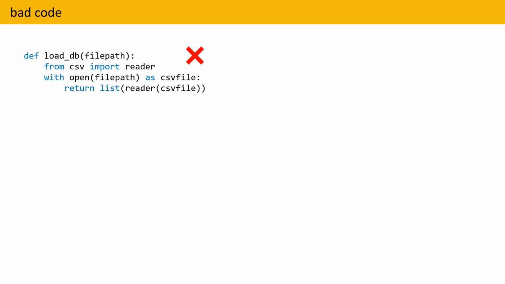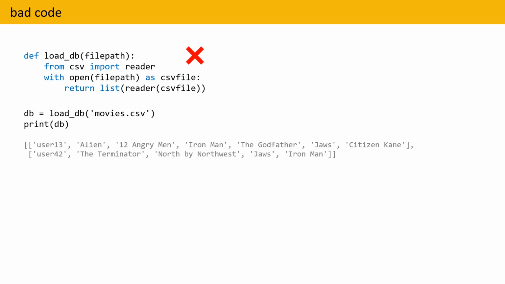It takes a path to the CSV file, opens the file, creates a CSV reader, and reads the lines of the file into a list. When called for the movies file, it returns the data as a list of lists. Note that we essentially maintain the original format of the raw data, which will turn out to be a bad idea.